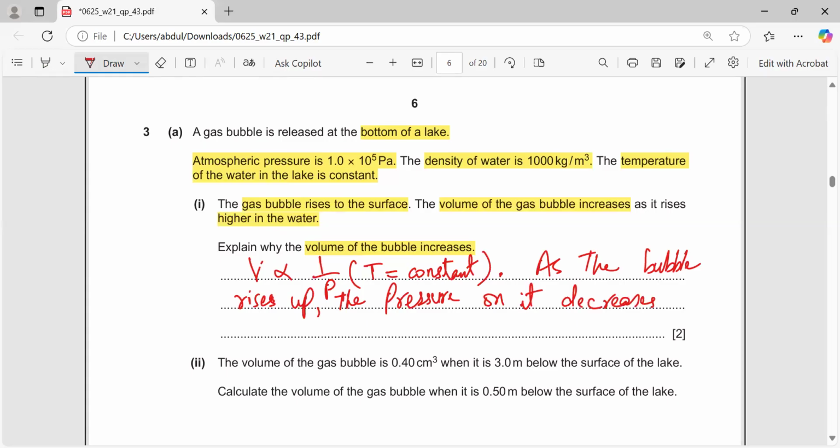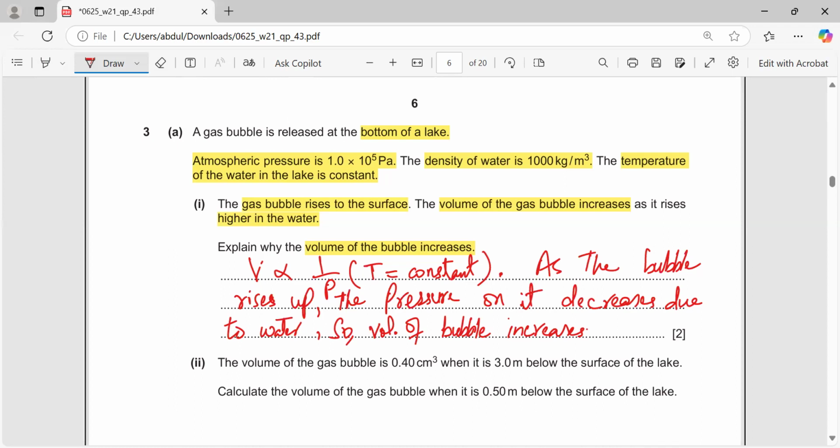Pressure of water on it decreases due to water. So volume of bubble increases. Answer is done. But I just want to share one thing over here.